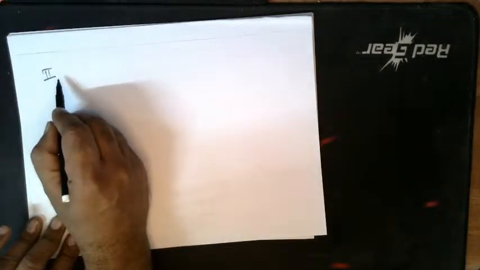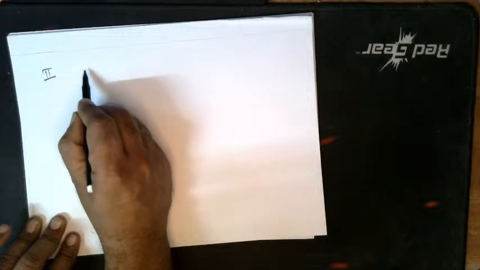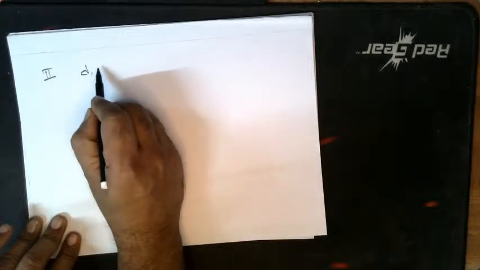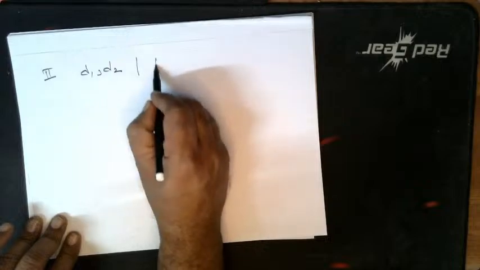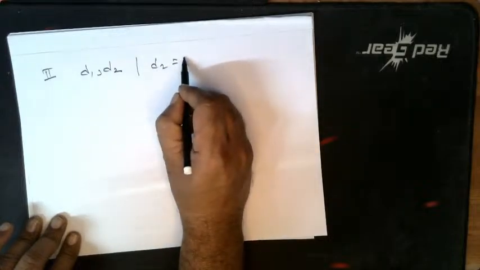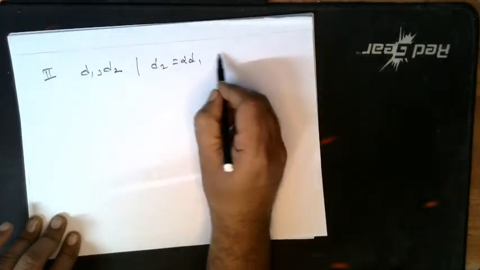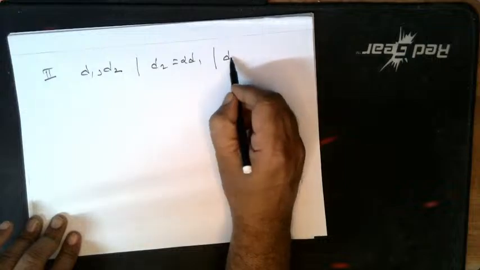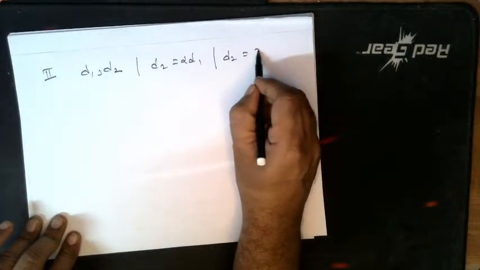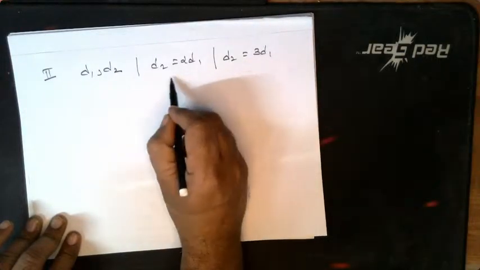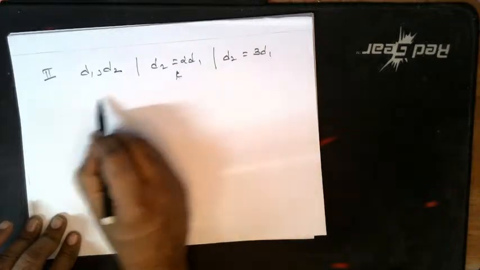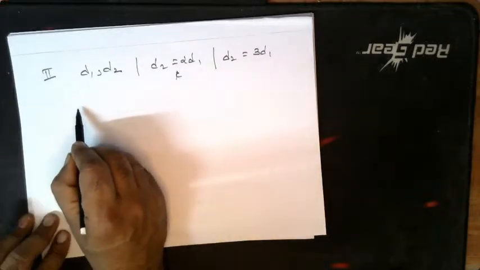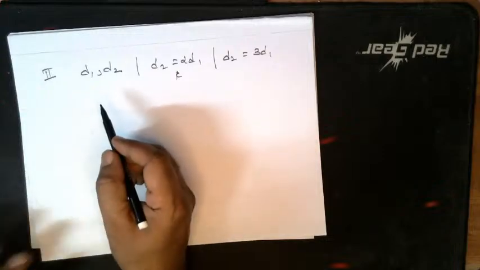In the second question, we have to consider D1, D2, where in the first case D2 is doubled, that is twice D1. In the second case D2 is tripled, so 3D1. Let us take the first case. Listen to me carefully. What is our original equation?